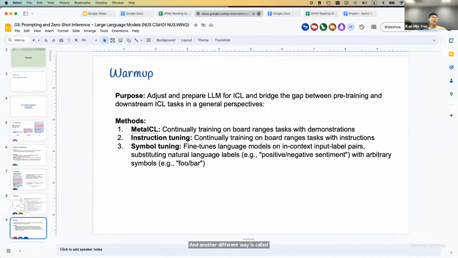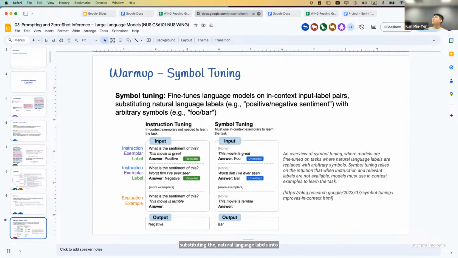Symbol tuning is to fine-tune the language model on in-context input pairs, but we substitute the natural language labels with arbitrary symbols. Here I show an example. The previous natural labels are positive, negative, and neutral.